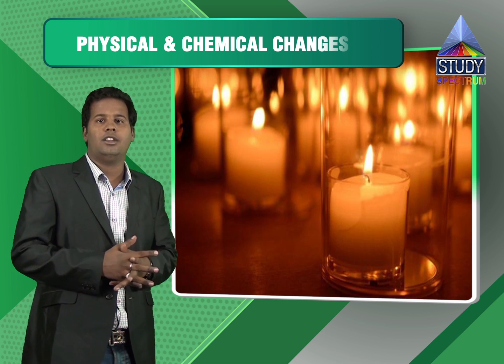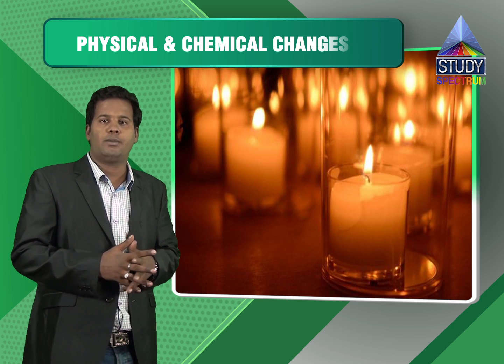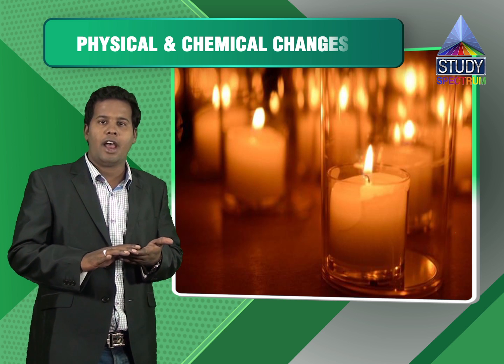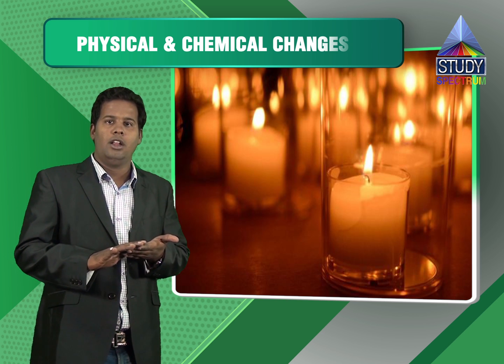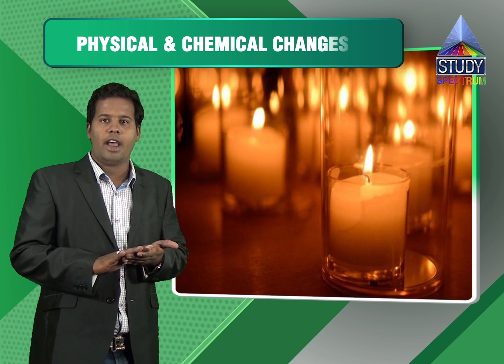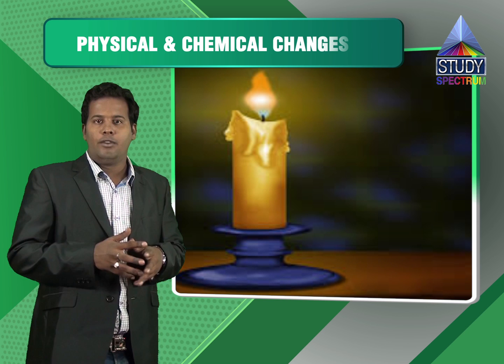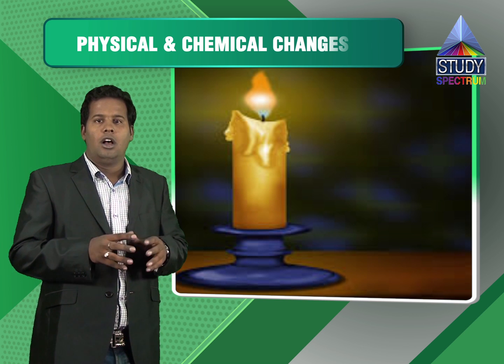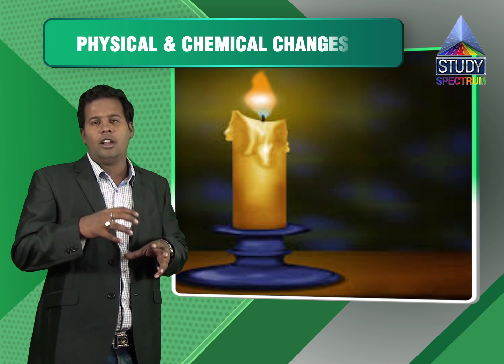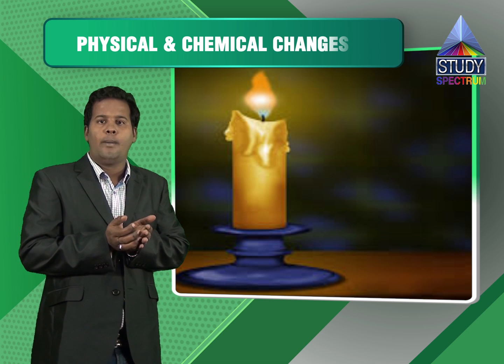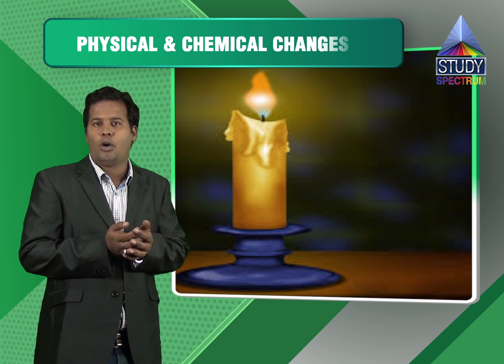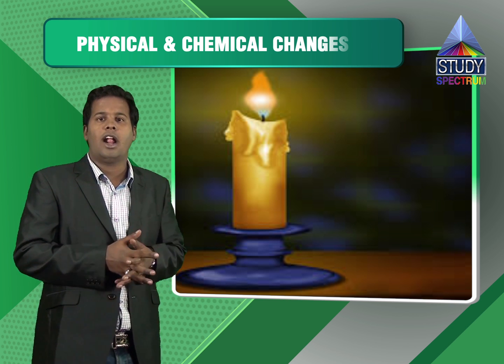We have already seen this example, and I have already explained to you that burning of wax or burning of a candle is different from melting of wax or melting of a candle. Now if you light a candle, you can see after the candle completely burns, a very small amount of wax is collected at the bottom of that particular candle.